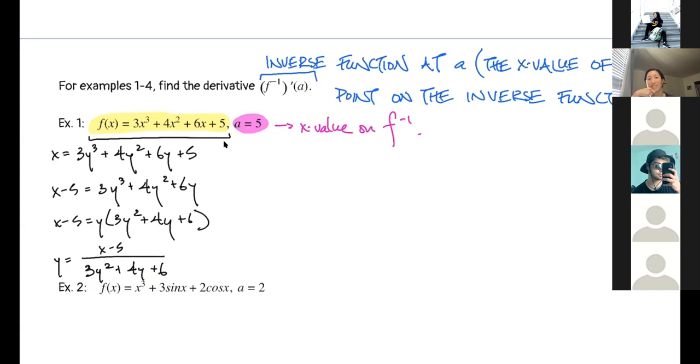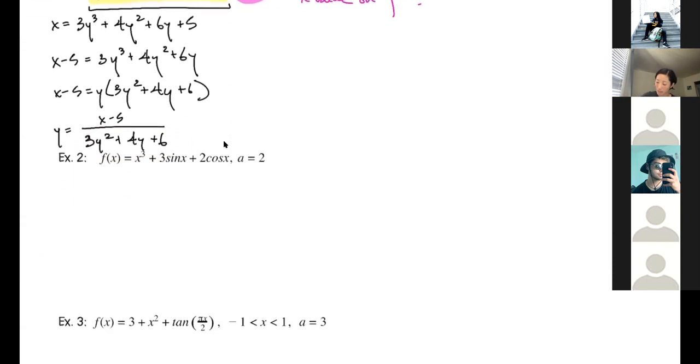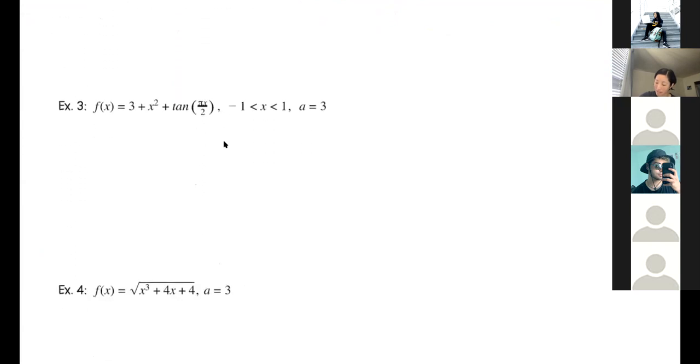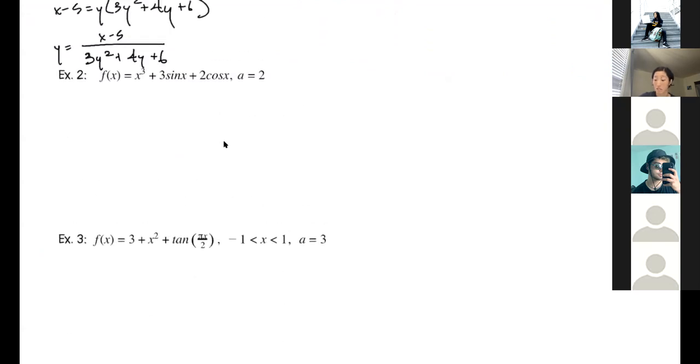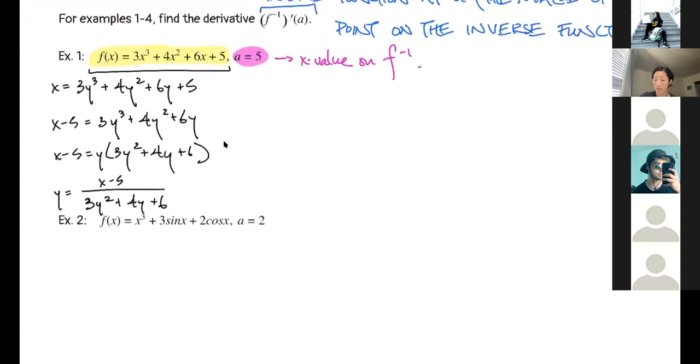Indeed. Now, you'll notice that if you look at all the other examples, these are examples where it's pretty gross to solve for y. It's pretty challenging to algebraically find the inverse function.